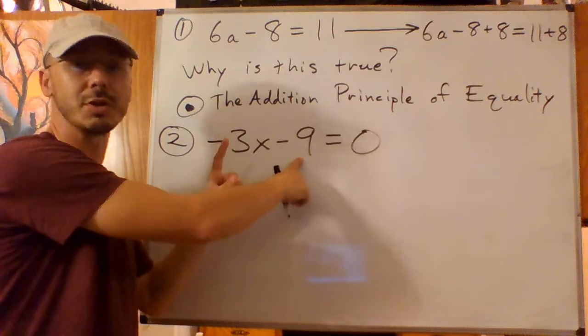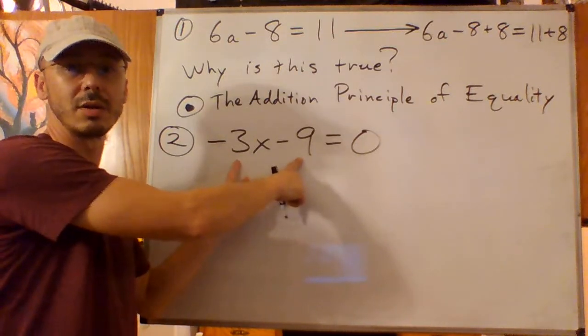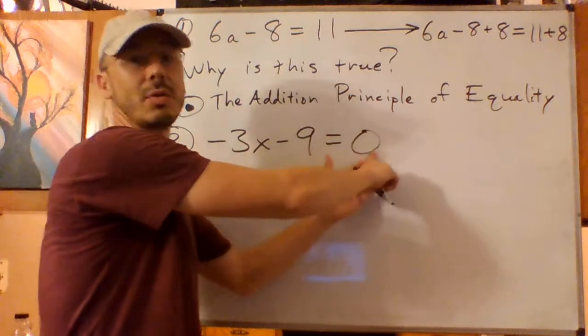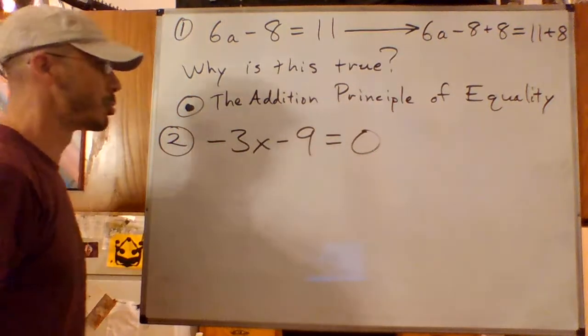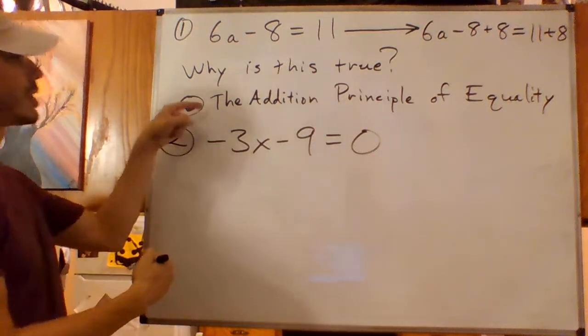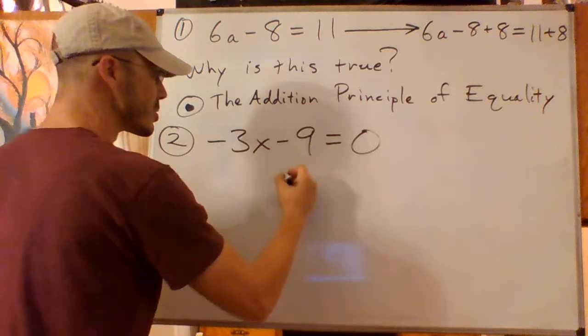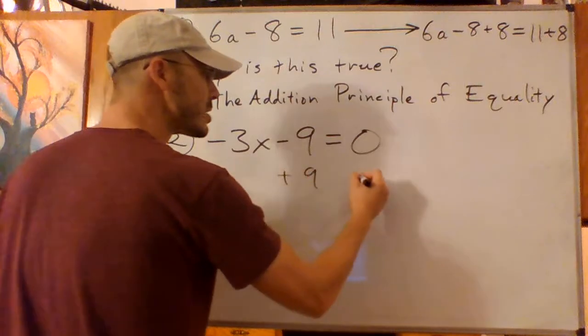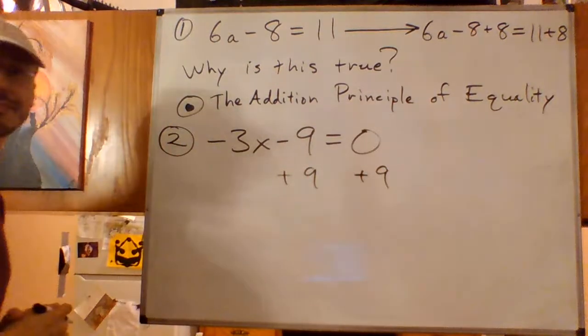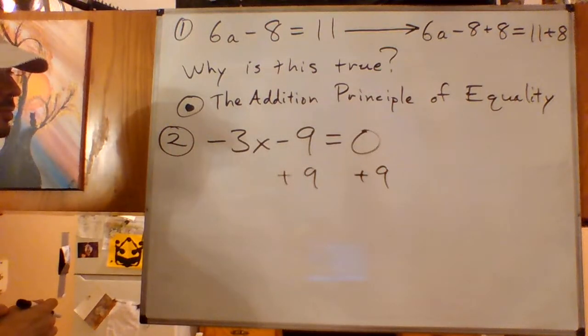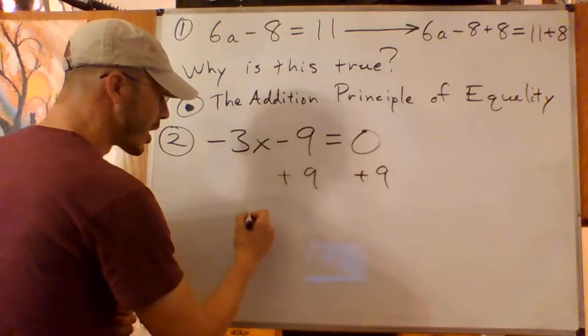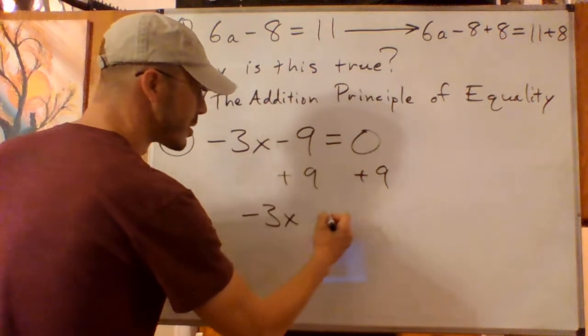There's a number term and there's a variable term. There's only a number term on the other side. But the next step, the addition principle of equality, or just the addition principle, is that I can add 9 to both sides and end up with negative 3x.